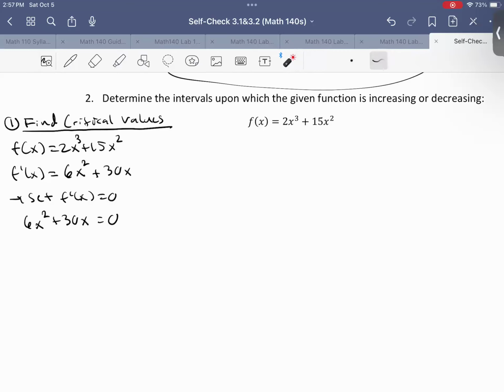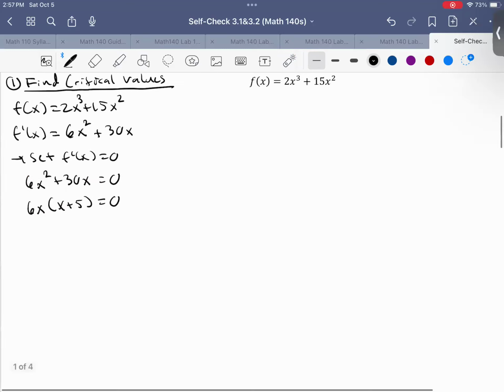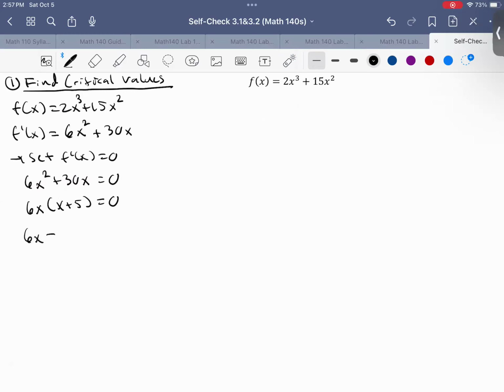One thing they have in common is 6x. They both have 6 in common and they both have x in common. So I can factor out a 6x: 6x times x plus 5 equals 0. Now I can just isolate both and solve. 6x equals 0 and x plus 5 equals 0.